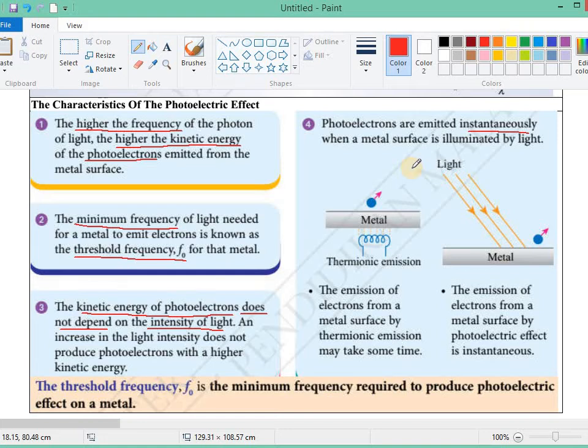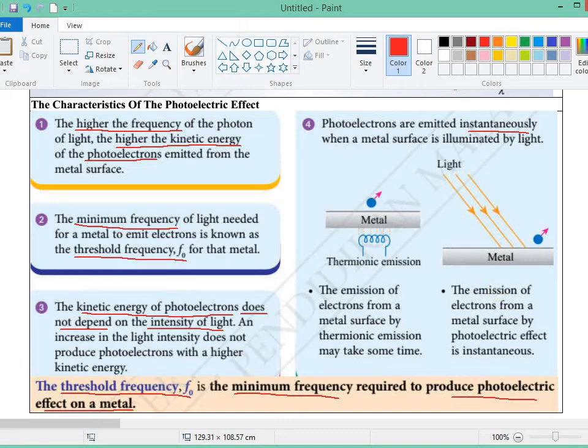So when the electron absorbs the energy from one photon that has higher frequency and higher energy, the electron will have more kinetic energy. Okay, so to stress, the threshold frequency is the minimum frequency required to produce photoelectric effect on a metal.